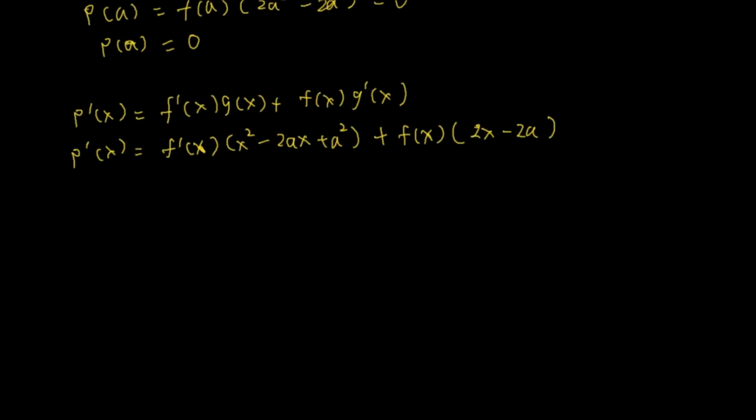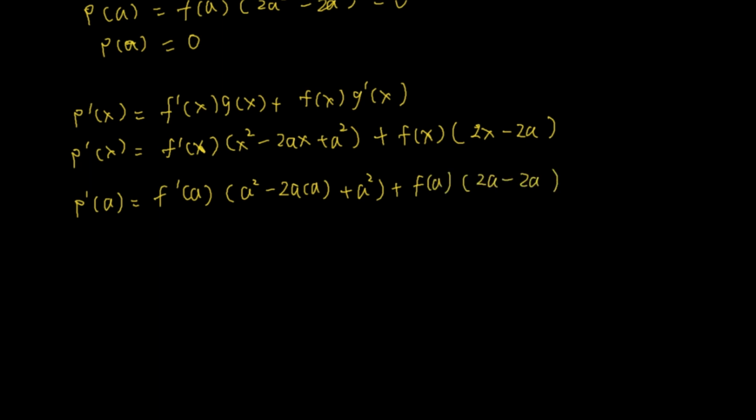Now we can plug a into x. So P prime at a is equal to f prime at a times a squared minus 2a times a plus a squared, plus f at a times 2a minus 2a. P prime at a is equal to, okay, let's see what it is.